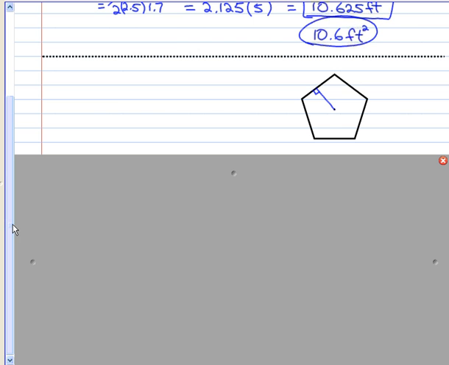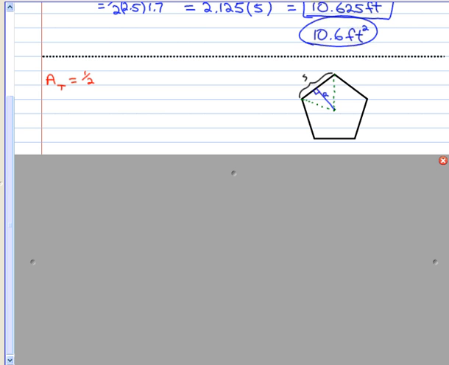If I made that apothem, and then this green triangle right up there, and if I called that apothem length A, and I'm going to call the length of the side of this pentagon S, what would be the area formula for that little green triangle?